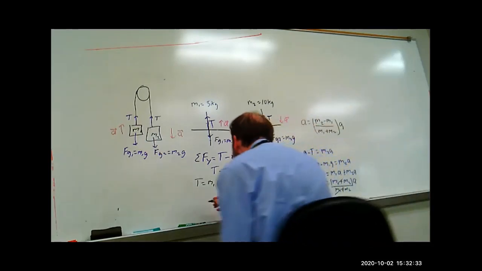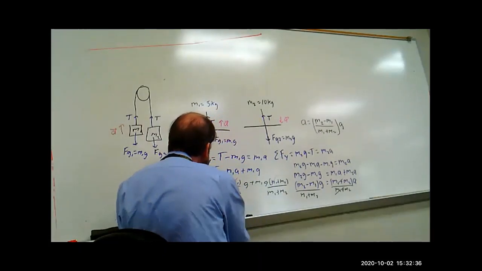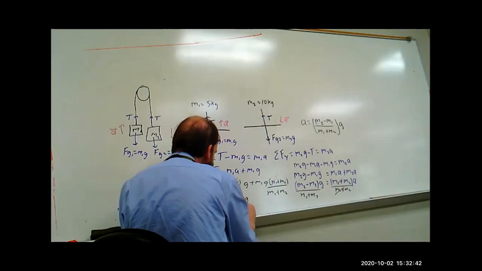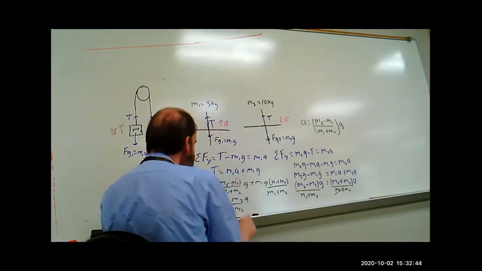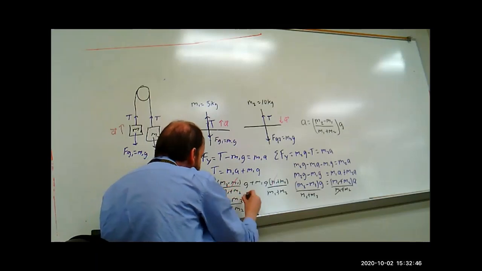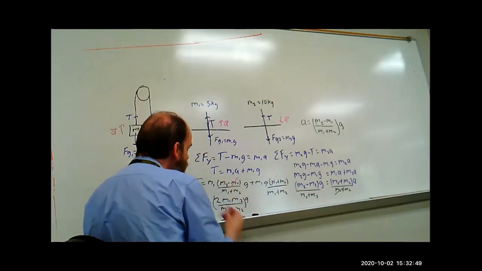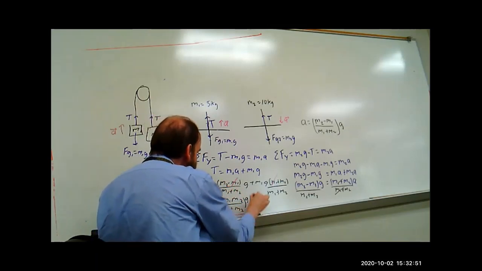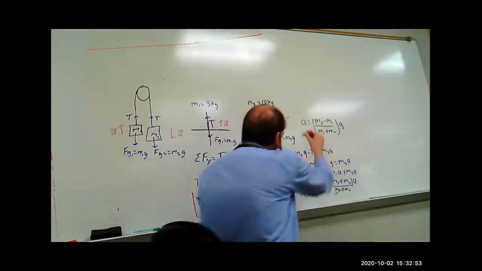So it becomes tension equals 2 m1 m2 g over m1 plus m2. So this is our expression. So we have the tension, and we have the acceleration.